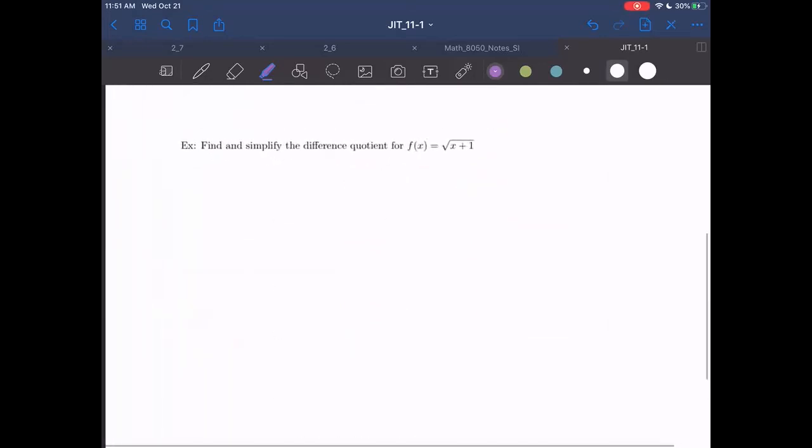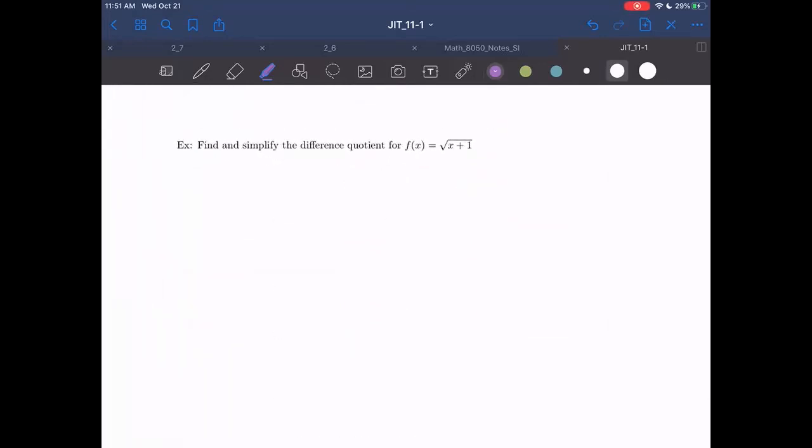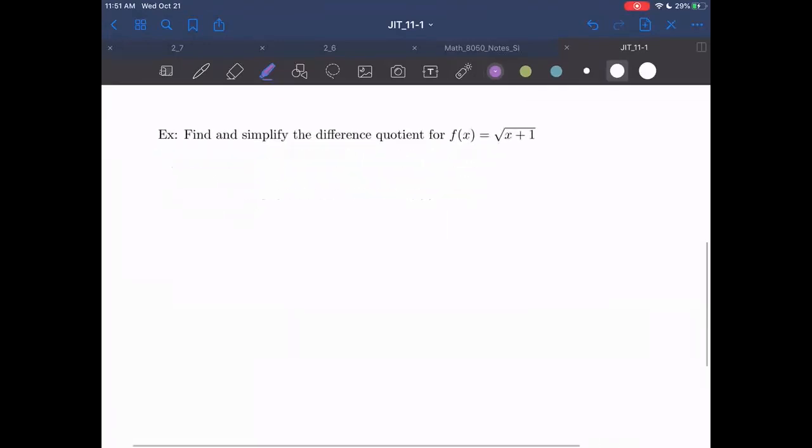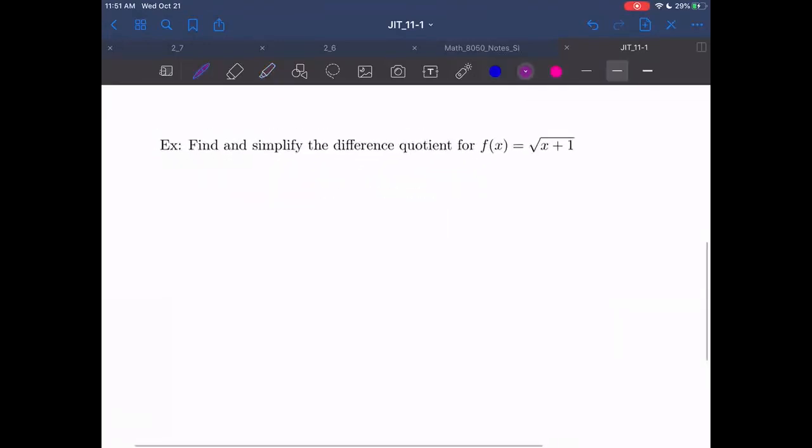Sometimes it won't necessarily be a polynomial, but we can still find the difference quotient. So it's f of x plus h minus f of x over h.